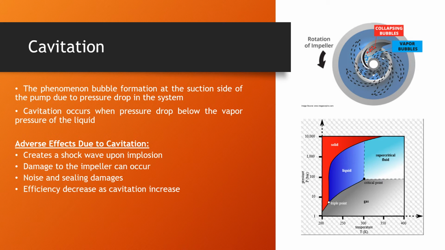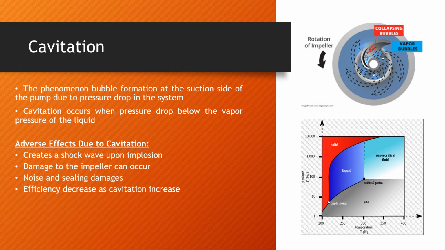Now, if you look at the graph on the right, you can see a pressure versus temperature curve showing different phases of matter. When the pressure is high, at low temperature or at high temperature, you're going to be either solid or liquid. But as your pressure goes down, even at a lower temperature, it's easier to get into the gaseous phase and produce bubbles.